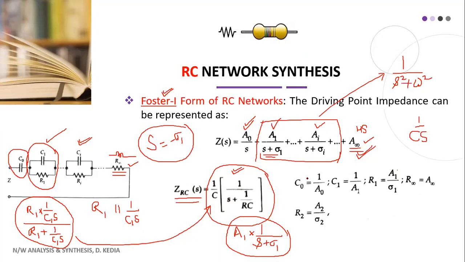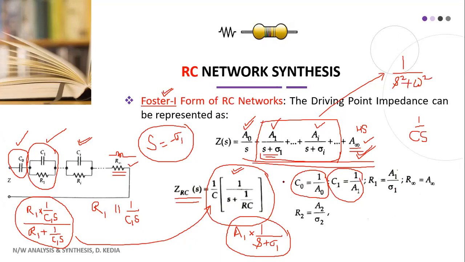Now if you compare this circuit diagram with this partial fraction representation, you can easily see that 1 by C naught S is equal to A naught by S. That means C naught is equal to 1 by A naught. Similarly, if you correlate this A1 by S plus sigma 1 with this parallel combination of R and C, you get C1 is equal to 1 by A1.